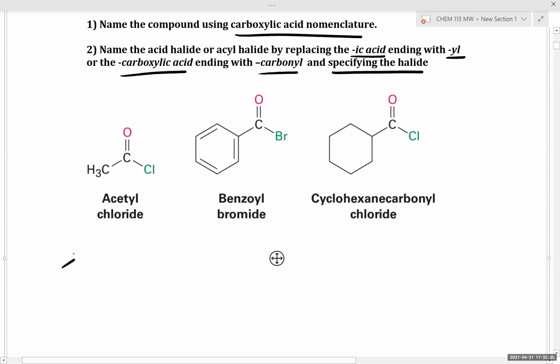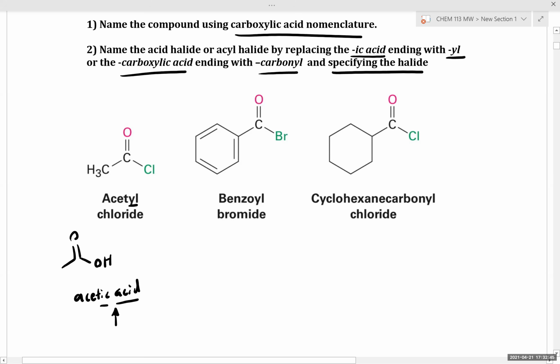For example, if we have a parent carboxylic acid of acetic acid, we would replace the suffix for acetic acid with the YL suffix, and then because this is an acyl chloride, we specify the halogen using the suffix chloride.